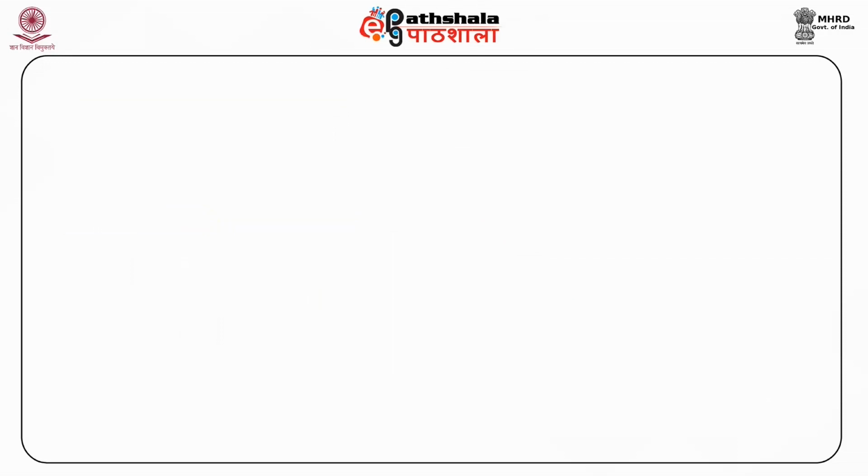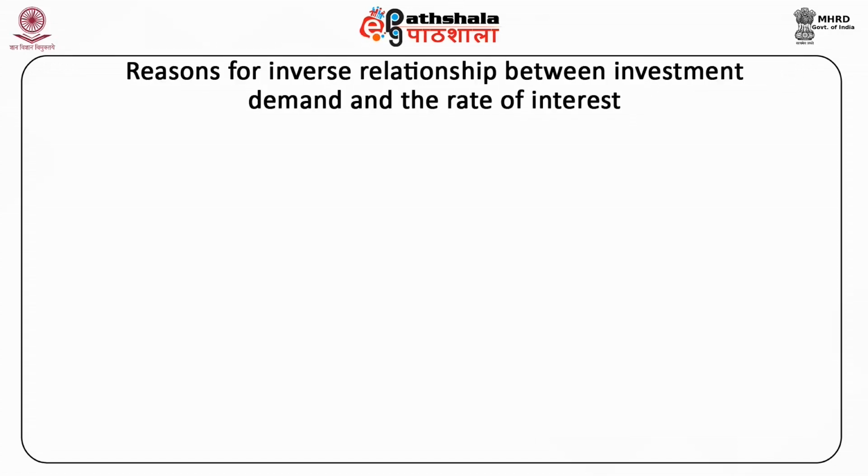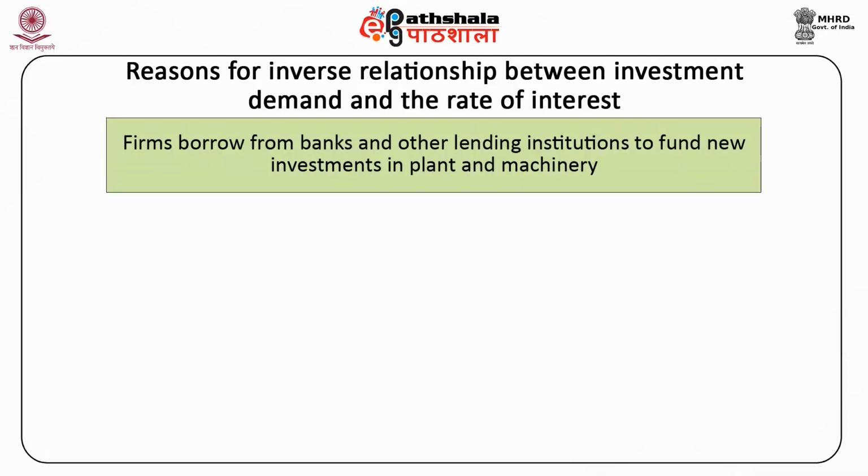In what follows, we will try to understand the reason behind the inverse relation between investment demand and the rate of interest. Often, firms borrow from banks and other lending institutions to fund new investments in plant and machinery.